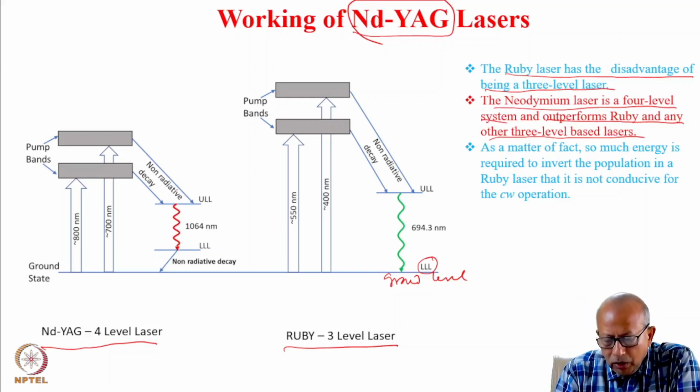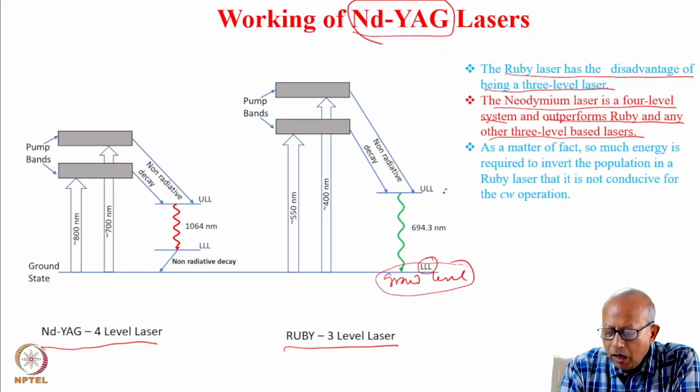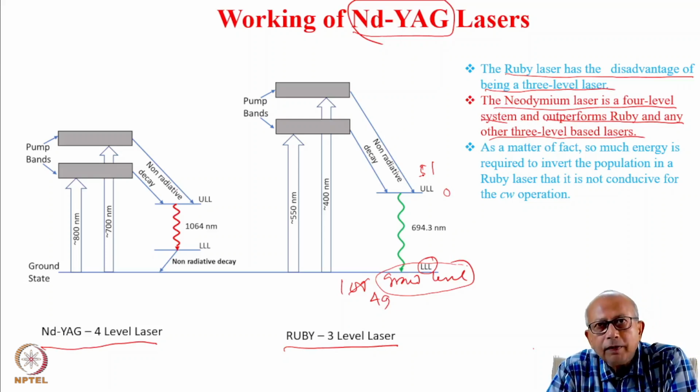Therefore, in order to create population inversion, you have to transfer a large amount of ground level population, because the population of this upper level is 0, and suppose we have 100 atoms in the ground state, you will have to transfer at least 51 so that there is a population inversion, 51 and 49.